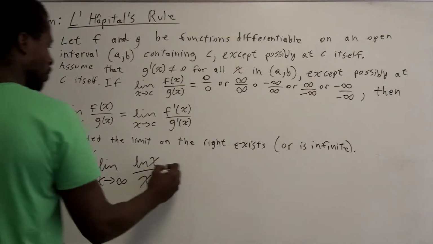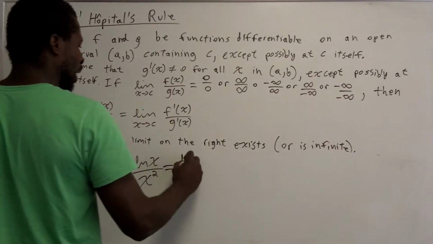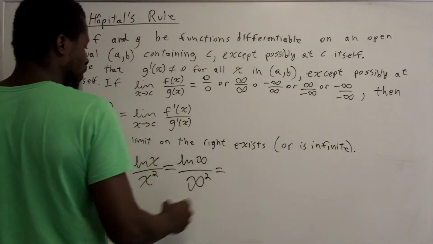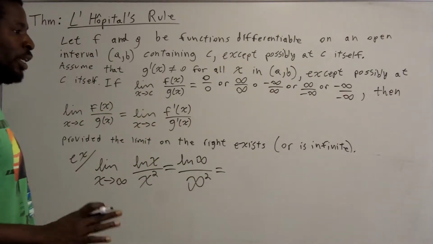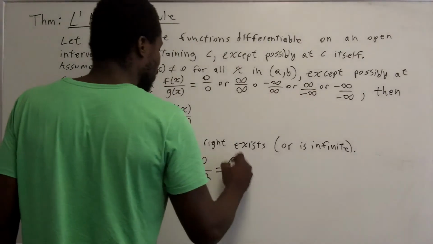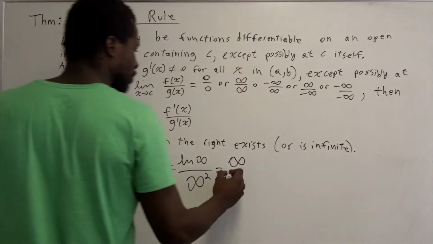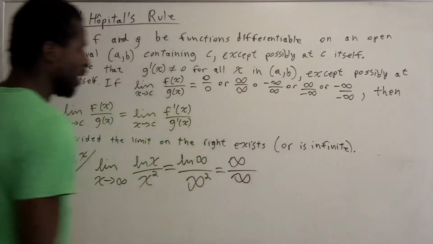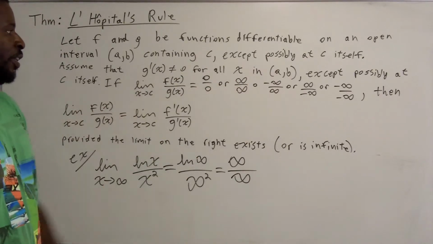Well, direct substitution yields the natural log of infinity over infinity squared. The natural log is an increasing function, so the natural log of infinity is infinity. Infinity squared is also infinity, so I get the indeterminate form infinity over infinity.